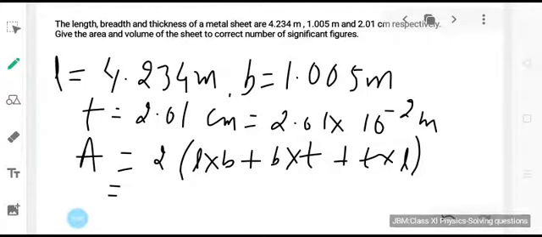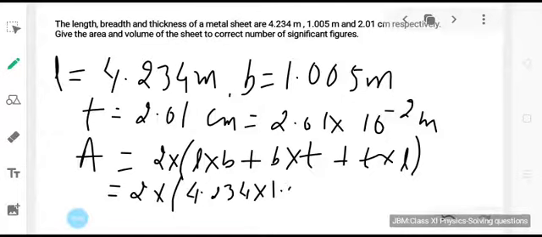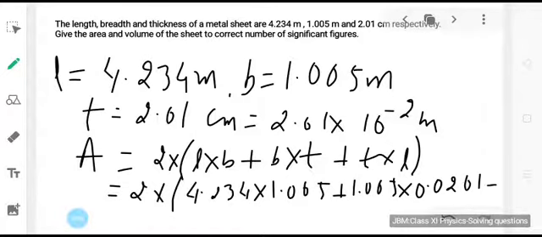So now we can simply substitute the values. We will get 2 multiplied by (4.234 multiplied by 1.005 plus 1.005 multiplied by 0.0201 plus 0.0201 multiplied by 4.234).